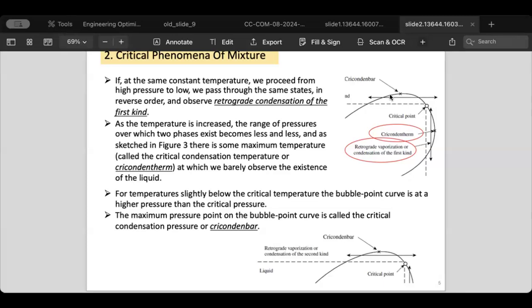With pressure higher than this point, the mixture cannot enter the vapor-liquid equilibrium anymore. Over here, at this temperature, it also cannot enter vapor-liquid equilibrium anymore.